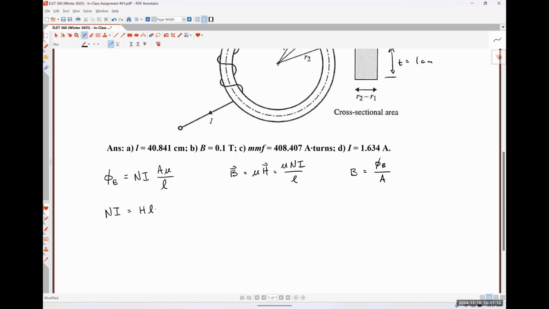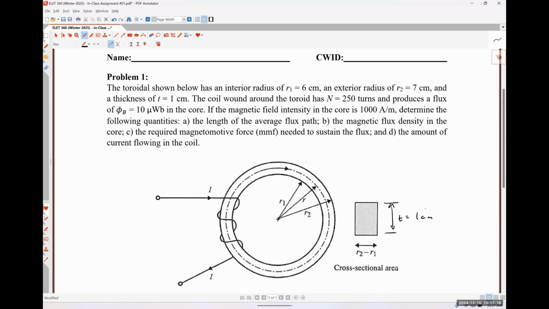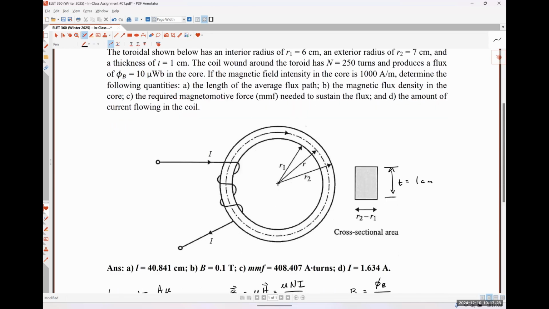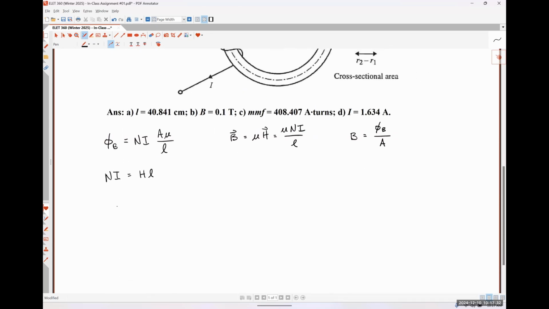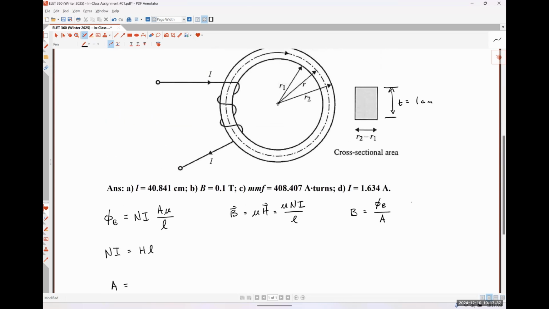So a lot of these relationships are dealing with the average flux path of the core, and that is the first thing that we're asked to find. Several of them are also dealing with the cross-sectional area of the core, so let's go ahead and find that as well while we're at it, okay? So our cross-sectional area A is literally just going to be the area of this rectangle right here, right? Because our core has a rectangular cross section.